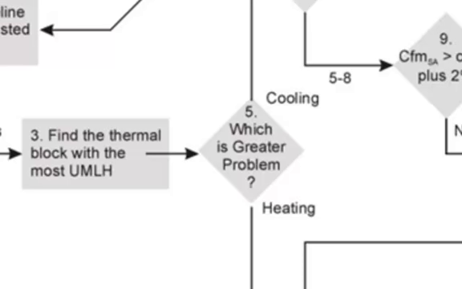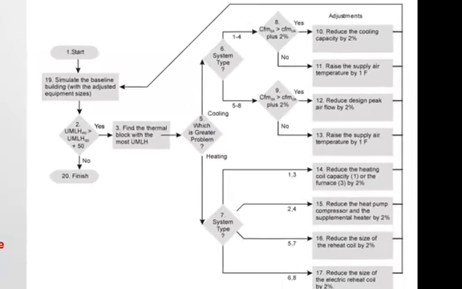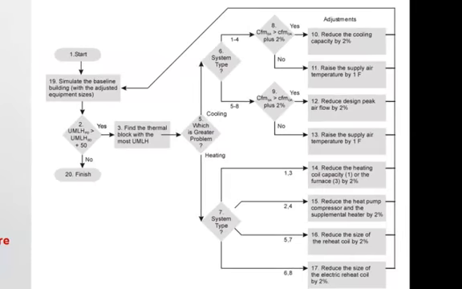Usually it'll either be heating or cooling, and usually one or the other of those will dominate. This is step 5. After that, you look at the different system type to determine what kind of strategy you take to bring the unmet load hours higher in the case of the baseline building. And this depends on system type.